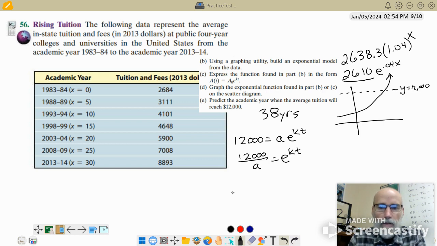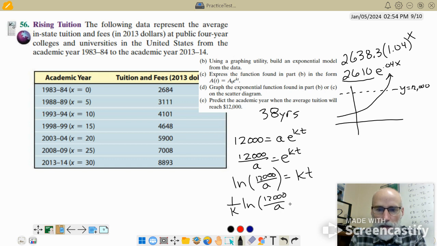And then I'm going to take the natural log of 12,000 divided by A. And that's going to be equal to kt. I just converted to log form because this was saying e to some power is equal to this number. This is saying e to this power is equal to that number. Now I'm going to divide by k. So I get 1 over k natural log 12,000 divided by A.